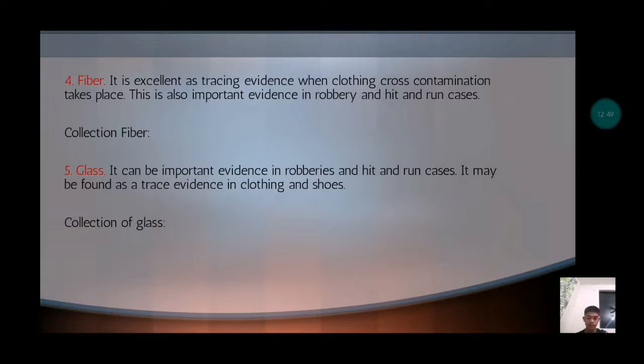And number 5 is glass. It can be important evidence in robberies and hit and run cases also. It may be found as trace evidence in clothing and shoes. Glass is usually examined to determine if both the evidence sample and the known standards have the same physical properties and trace elements as impurities.